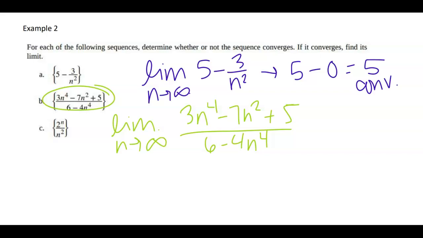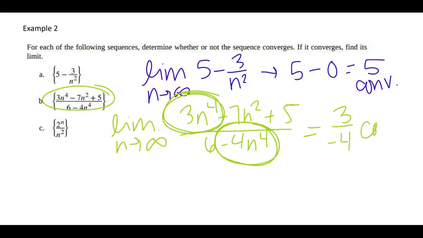Also, if you plugged in infinity, you would get infinity over infinity, so you could use L'Hopital's rule as well. Either of those will work here. But if you look at the leading term in my numerator and my denominator, I notice they're the same degree. And so this limit is going to end up being 3 over negative 4, which means it is a convergent sequence.